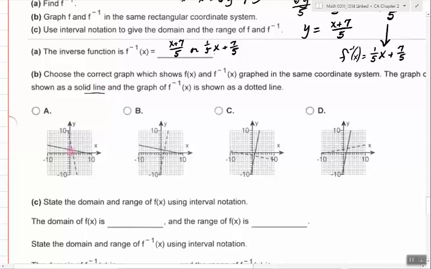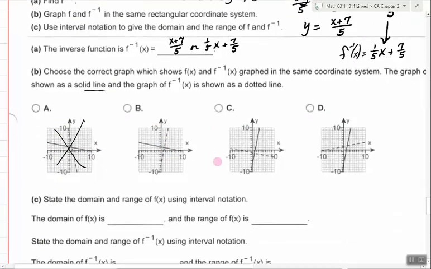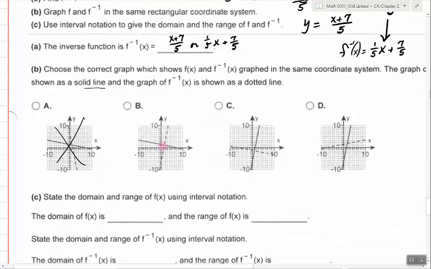Does this have a y-intercept of 7? No, that can't be right. It wasn't 7, it was -7. Does this one have a y-intercept of -7? No, it can't be right. Does this one have a y-intercept of -7? Yes, and so does this one. So both of those seem to have the f function correct.